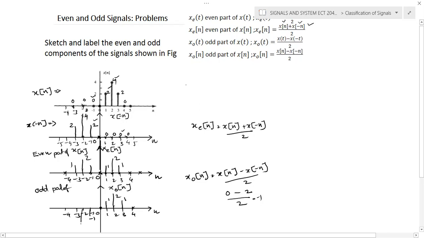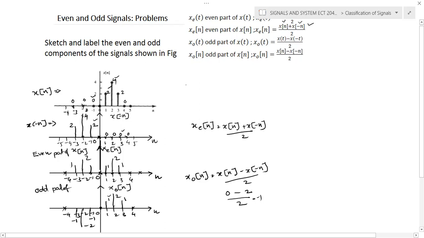So you'll get minus 2. And for minus 3, 0 minus 2 by 2 is minus 1. For remaining values, it's 0. So now we got an odd component. If you know the positive side, it will be just the opposite of the positive side. Okay, here it is 1, here it is minus 1, 2, minus 2, 1, minus 1.